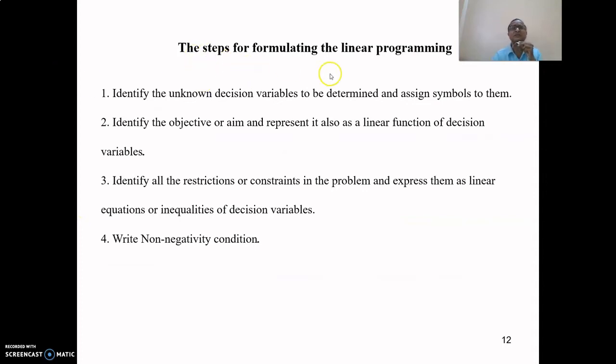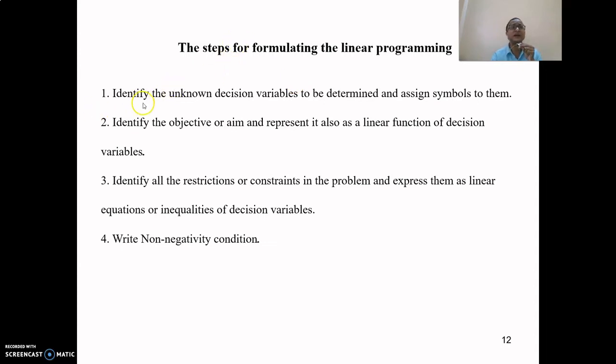Next, the steps for formulating linear programming. Once the data is given in text format, we have to write it in mathematical equation form. After that, we use different methods to find the values of the decision variables.